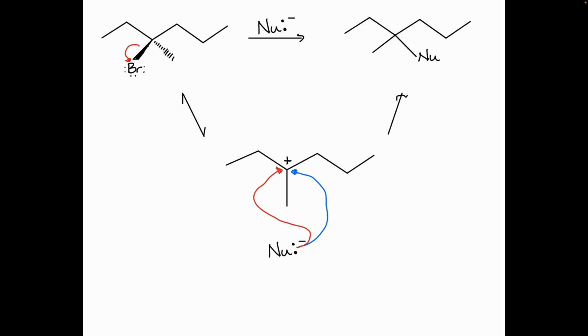All right, and what we've shown here is our nucleophile attacks that carbocation from both sides, leaving you with a racemic mixture as your product.